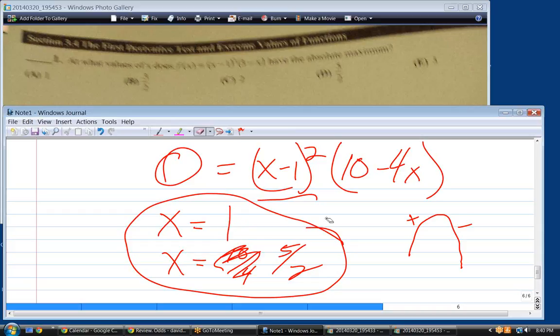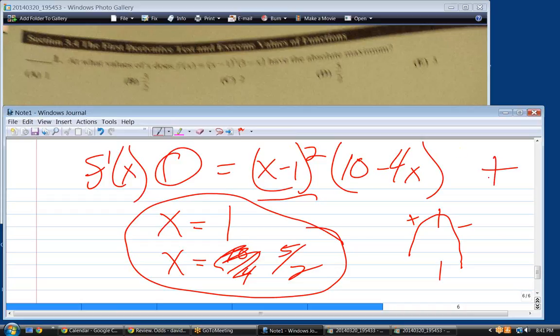You see why? Because 1 is right there. So if we're going to apply the first derivative test, we need to check what is right less than 1. Well, what is the first derivative? This is the first derivative, f prime of x. When I use a number left of 1, this is positive, this is positive.